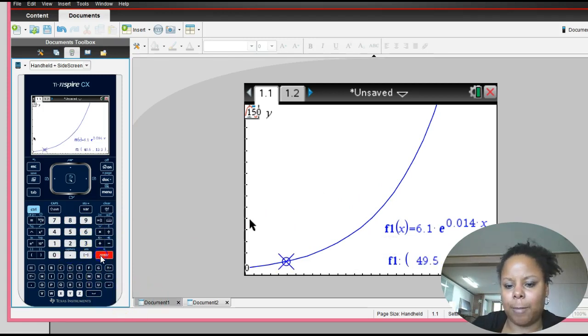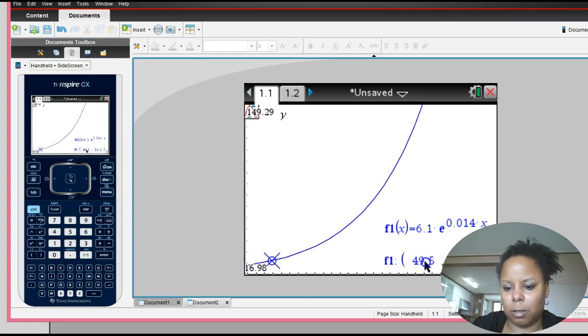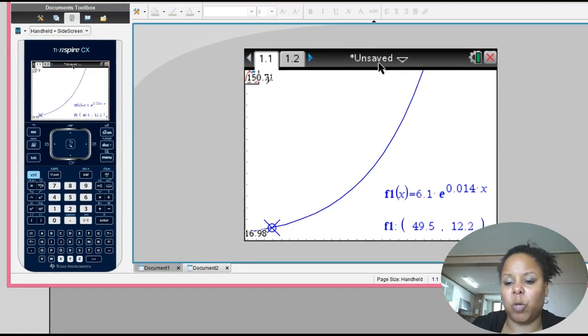It will take me to that point, and it will show me the value: 49.5 and 12.2, which makes sense because our initial value was 6.1, and now our new value is 12.2, which has doubled.